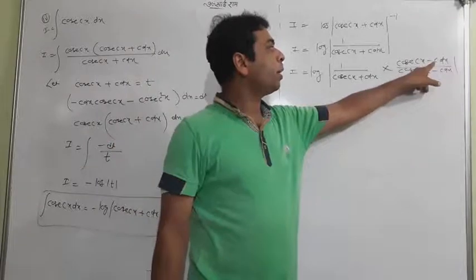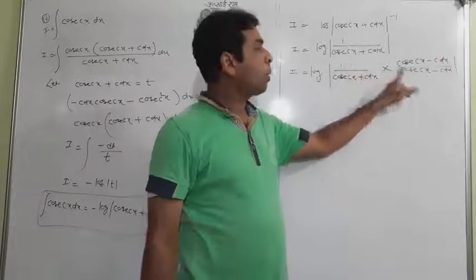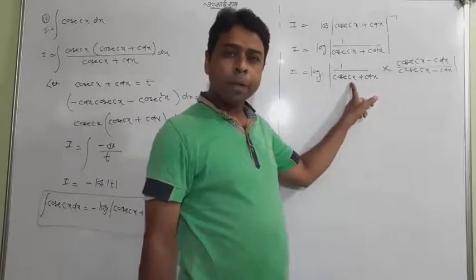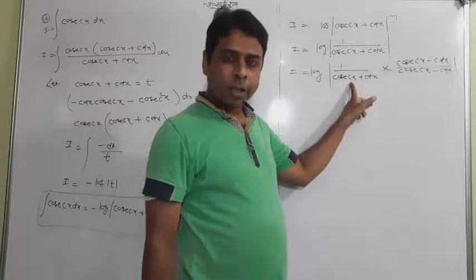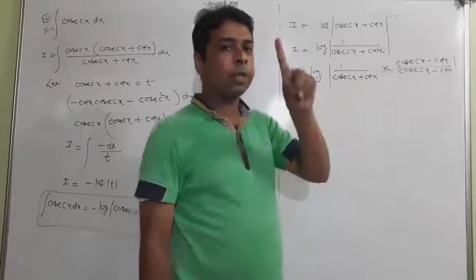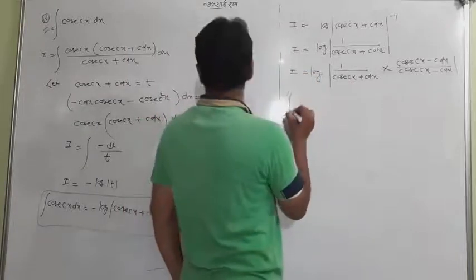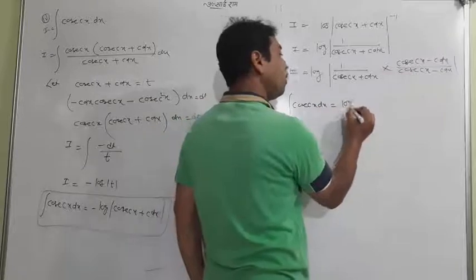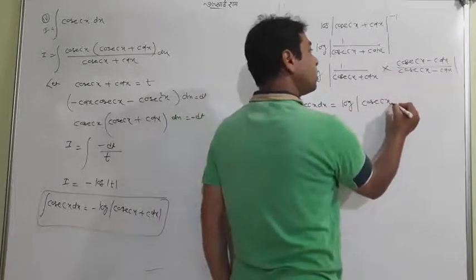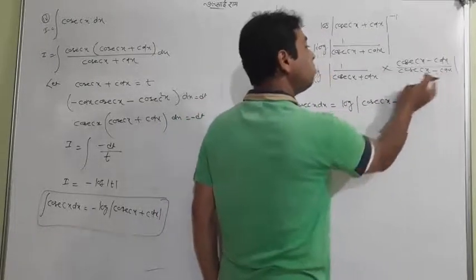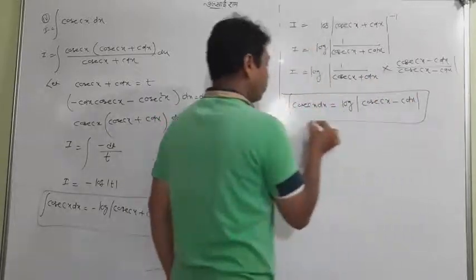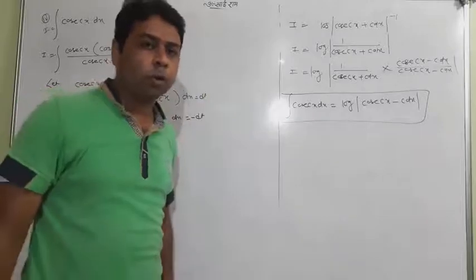Because cosec x minus cot x into 1 will be the same, but cosec x minus cot x into cosec x plus cot x is a plus b, a minus b, cosec square x minus cot square x, which is 1. So your last answer will be: the integral of cosec x dx is equal to log of cosec x minus cot x upside, and downside it is 1. So I am leaving that, and you have formed a new formula of cosec x.